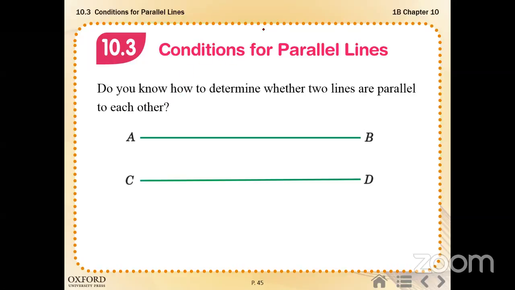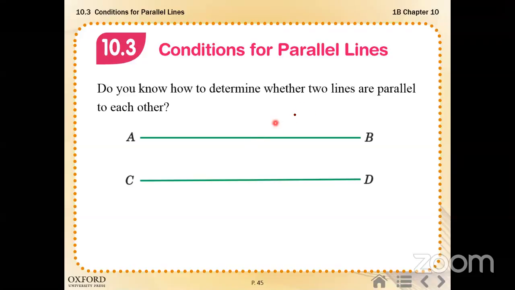Now, here you can see that there are two lines, and then you look at it. Do you know how to determine? Determine means make a decision, or you can tell whether it is yes or no. Whether these two lines are parallel to each other. Now here in mathematics, we need evidence.